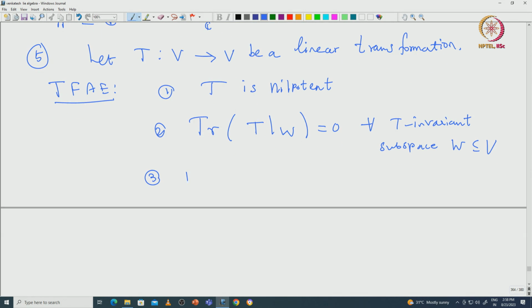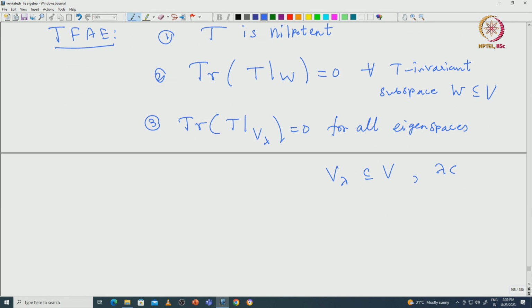The third condition: the trace of T restricted to V lambda, maybe that is your familiar notation, is 0. Again, this is true for all eigenspaces V lambda of V, and for any lambda in C.